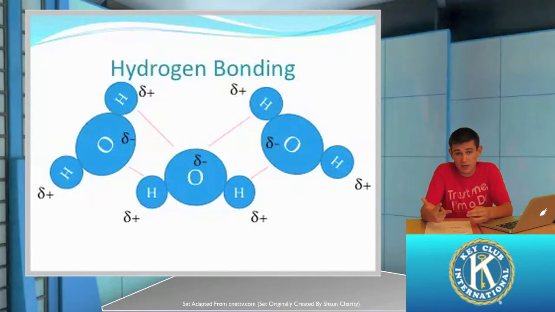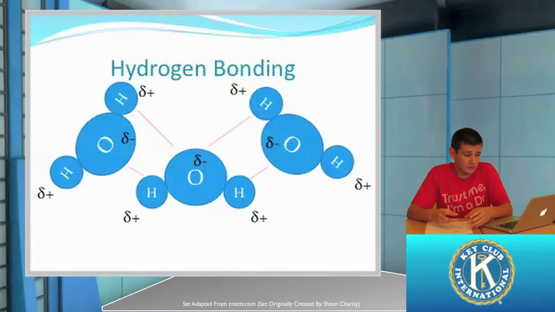When these atoms are bonded to a hydrogen, not surprisingly, a partial negative charge and a partial positive charge will arise due to the fact that fluorine, oxygen, and nitrogen have high electronegativities. So if you have multiple molecules with these partial charges, forces of attraction will appear.